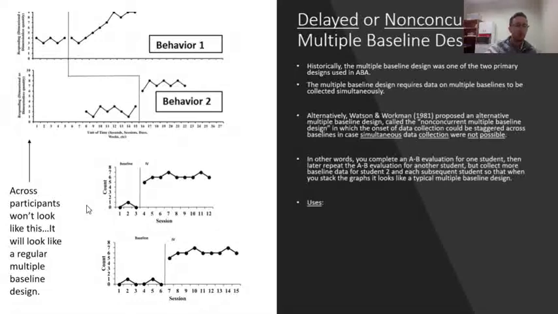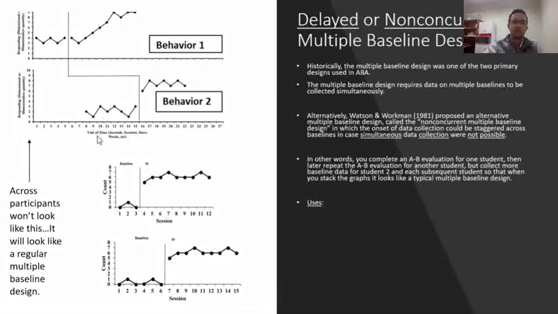Now, if you use a delayed or non-concurrent multiple baseline design across behaviors, it would look like this, where across behaviors in a single participant or learner or student, you're collecting data on baseline for one behavior but not for the second behavior. Then you introduce the independent variable, and then you discontinue data collection, right?